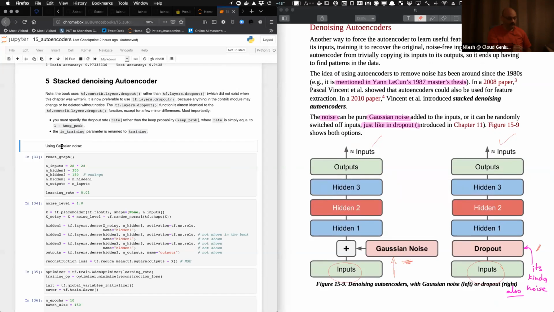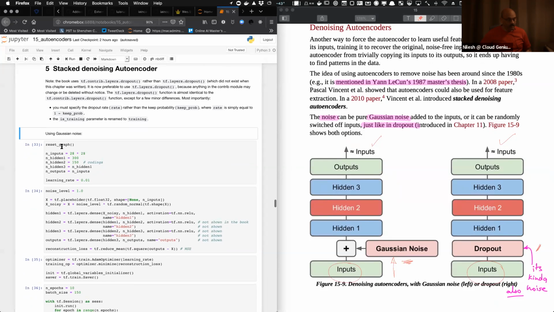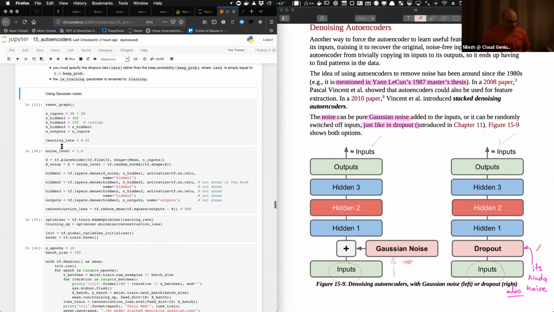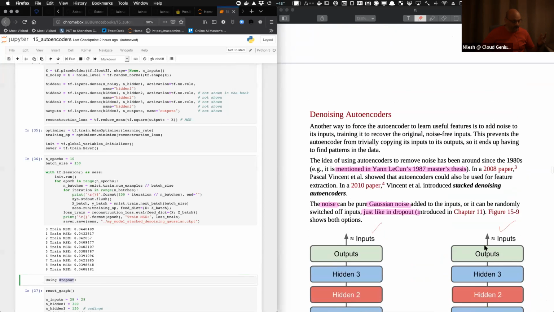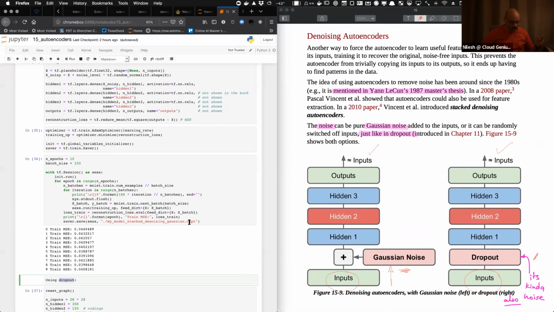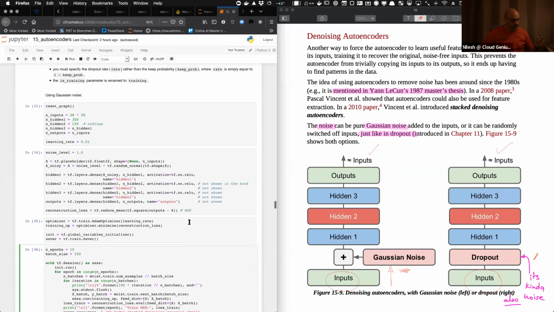And I will run that. But before I run, I would like to read it. So I'm going to read this segment up to this point. So this is the second one, which is using the dropout on the right side. So we'll first run the Gaussian noise, understand it, and then run the dropout function also.